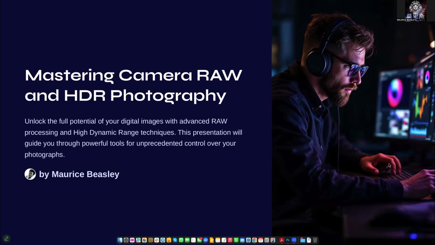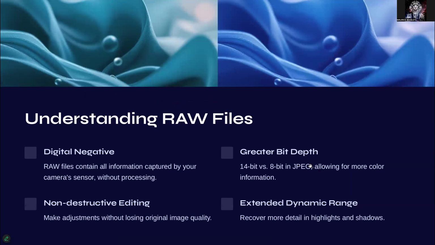So essentially, it's a raw data file that you're getting. Everybody has their own arguments about what is the better choice, camera raw, JPEG, or TIFF. We're not here to discuss that particular thing. We're just going to talk about how Photoshop deals with these raw files, what you're going to get, and how it's going to go.